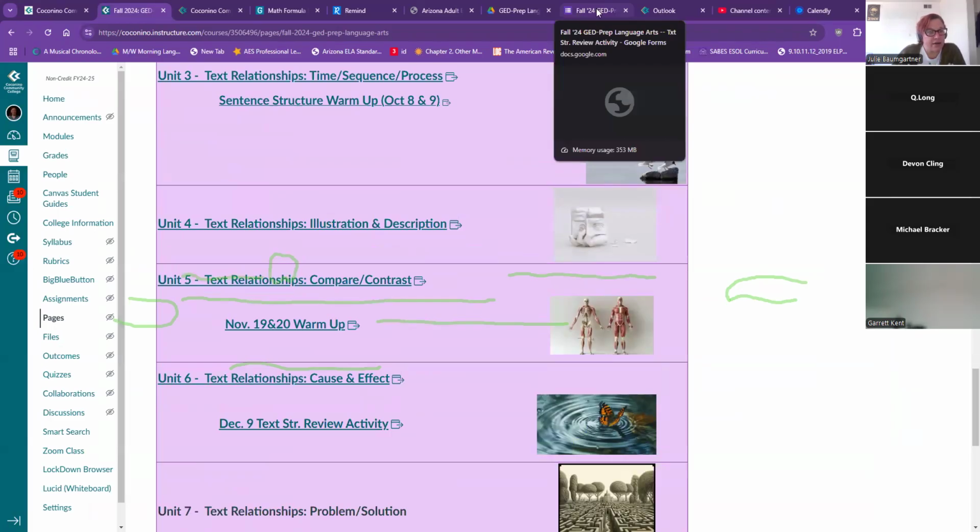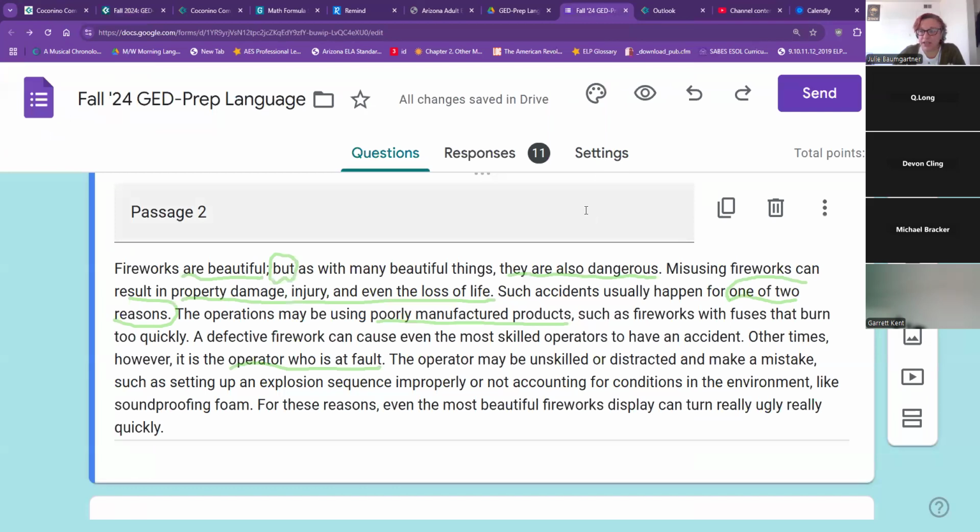Well, no, the damage is an effect of the misuse of the firework. So damage control, I mean, safety, that would probably go into more of a solution. So then you're taking your cause and effect and specifying it and turning it into a problem solution.